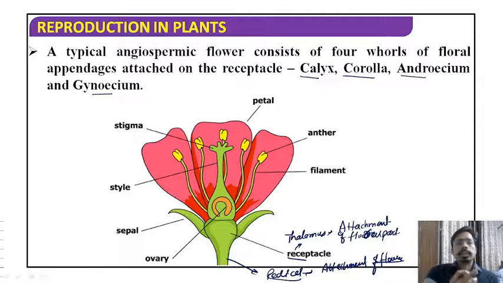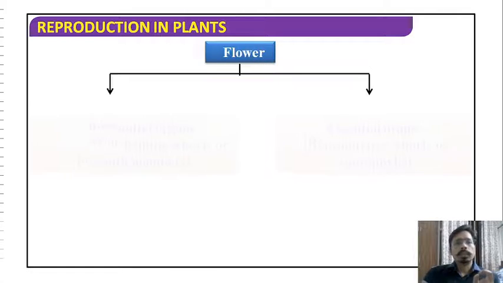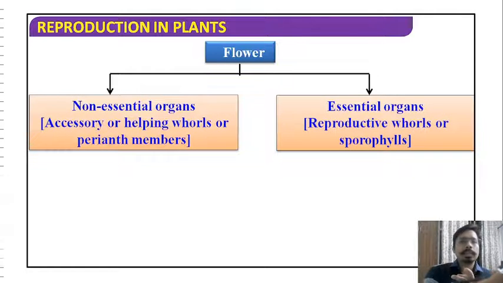Now we have the whorls of the flower. A flower has two types of whorls. The first is called the non-essential whorl and the second is called the essential whorl.